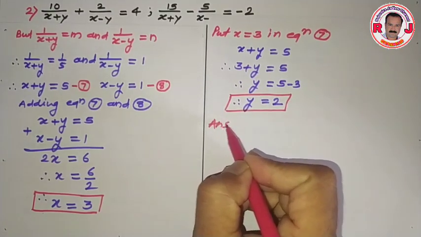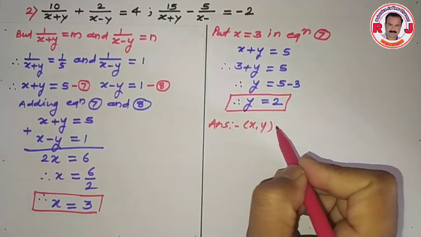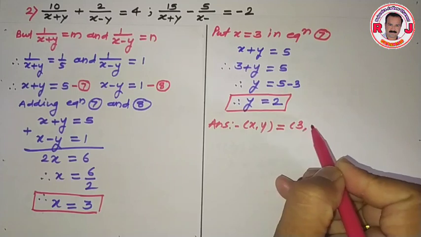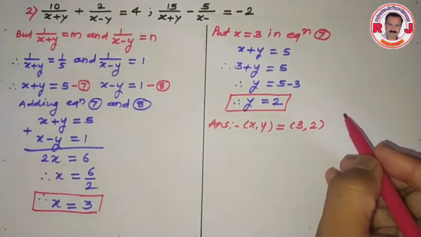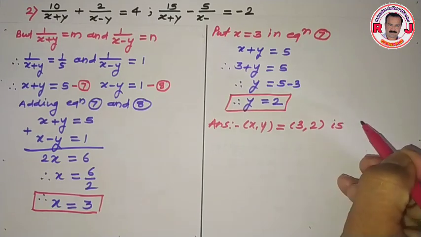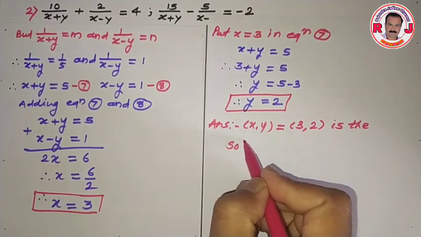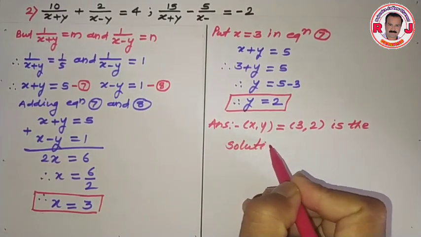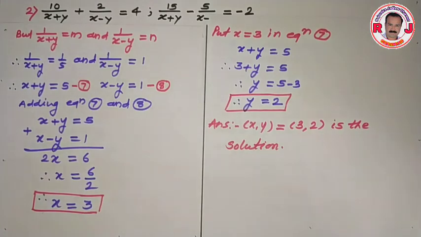Here the answer: x is 3 and y is equal to 2 is the solution of the given equations. In this type, solve the above example.